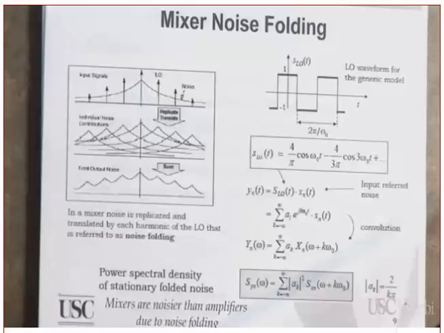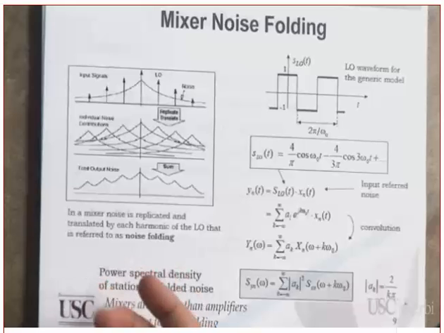When I mix this noise component with the fundamental, I don't have a problem. Do you understand why? Because 2 omega LO minus omega LO will be omega LO, which is outside the band of interest.